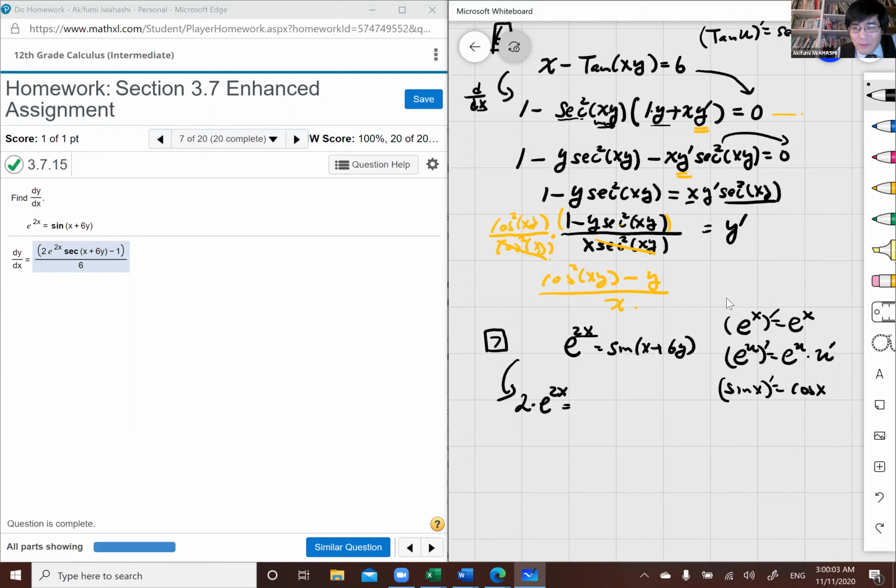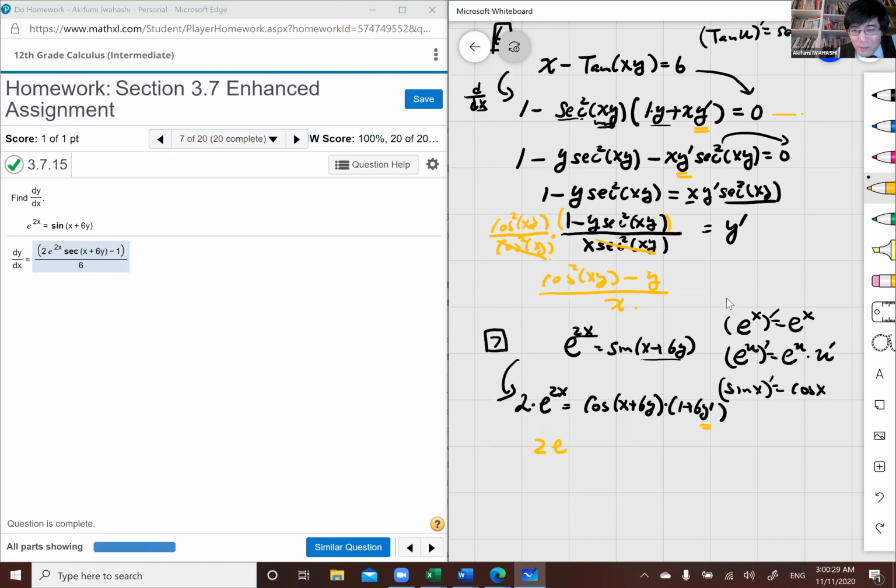Sine of something, when you differentiate, you're going to get cosine of the same angle times the derivative of the inside, which is 1 plus 6y dash. So I'm going to solve for y dash. I can expand it, but let's just divide everything by cosine.